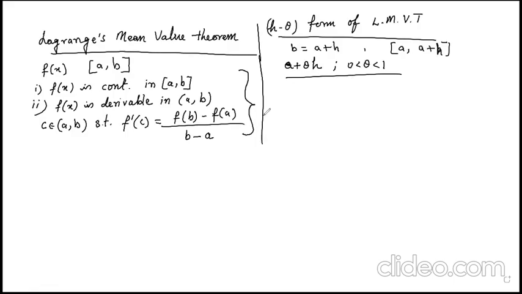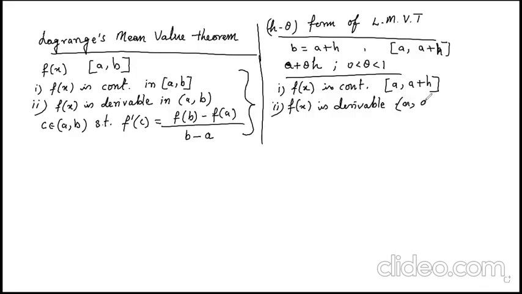So now we can restate it: first condition, if f(x) is continuous in the closed interval a to a plus h, if f(x) is derivable in the open interval a to a plus h, then if these two conditions are satisfied, there is a point a plus theta h.